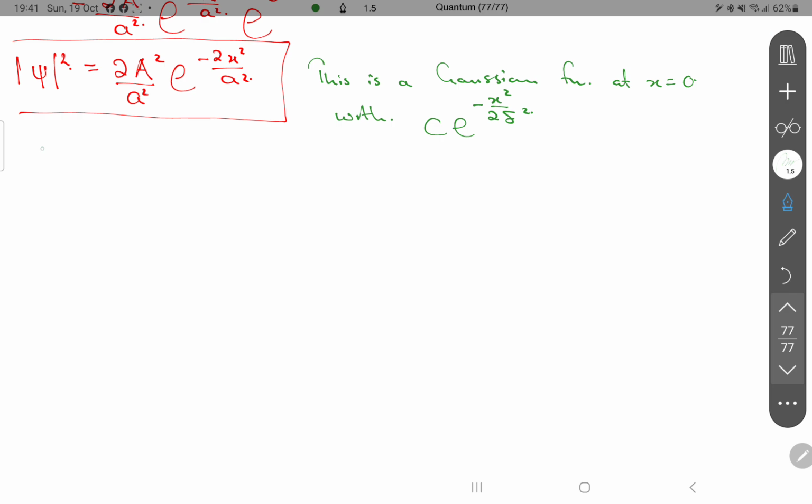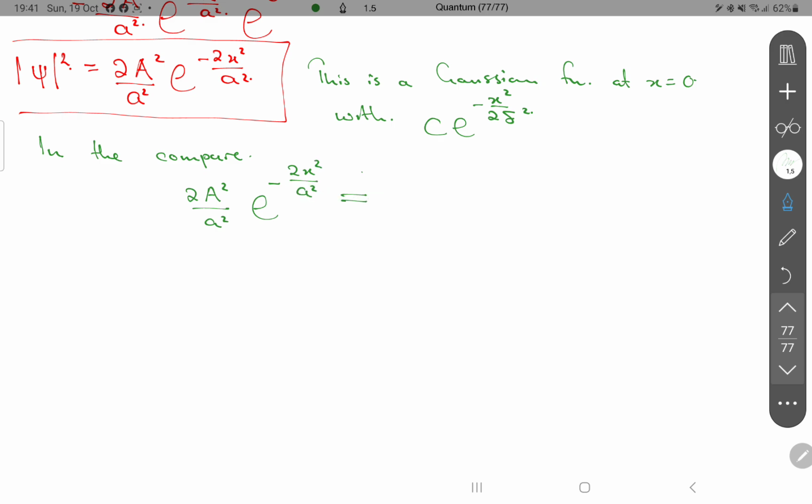So in this case we compare the exponents. If you look very carefully, we have 2a squared over a squared, e to the negative 2x squared over a squared.